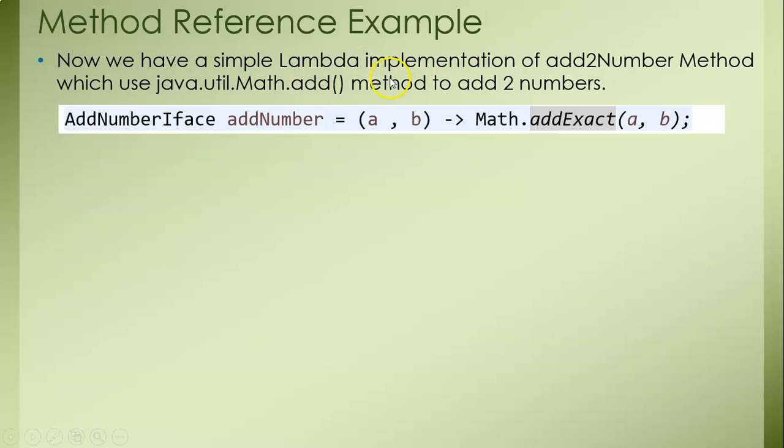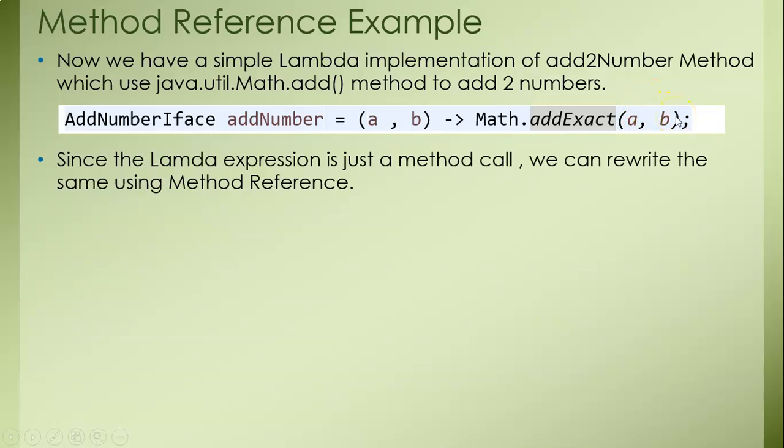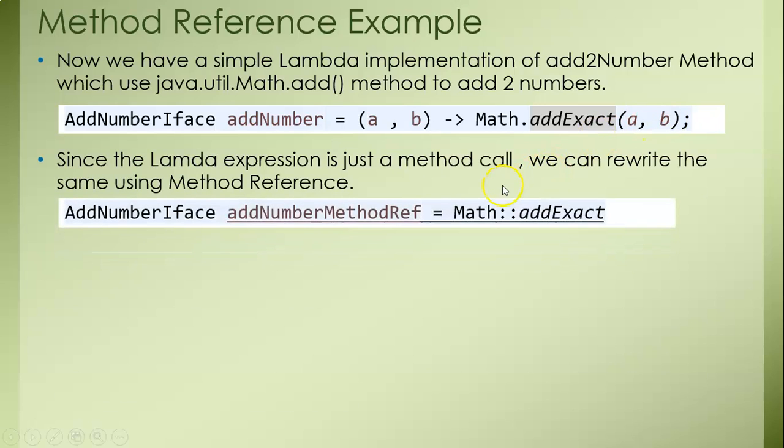So using the lambda expression, you can simply call the Math library addExact method, which takes two integers and returns the result. But the same can also be done using the method reference. Here you can see, we don't need to specify any parameter list or arrow, but we can have the class name Math, then the method reference double colon operator, and then the method which we are going to call, the addExact method, and we have not passed any argument.